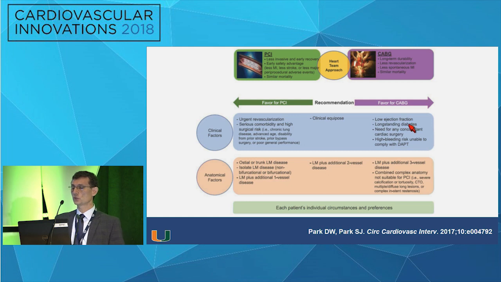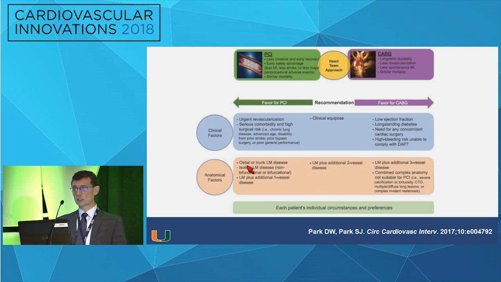This is a nice illustration of how the heart team discussions should go and what would favor PCI versus what would favor CABG. If the patient is at high surgical risk, has serious comorbidities, or it's urgent, that maybe favors PCI. If there's low ejection fraction, diabetes, or need for concomitant cardiac surgery, then that favors CABG.